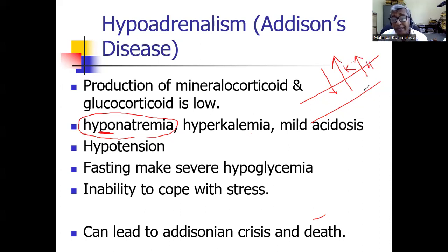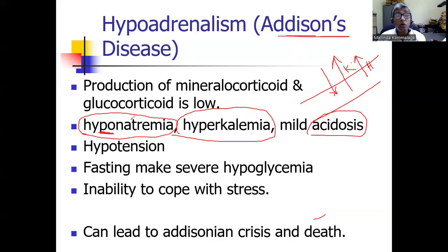So when we don't get adequate aldosterone, hyperkalemia occurs, and potassium will accumulate in the body. At the same time, what can happen to H plus? It also increases, so mild acidosis will occur. So low sodium, high potassium, and high H plus will be features of Addison's disease.